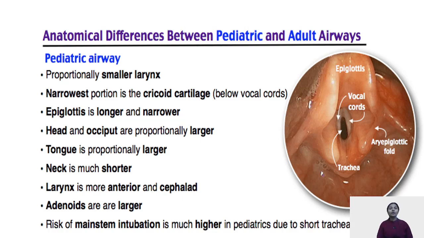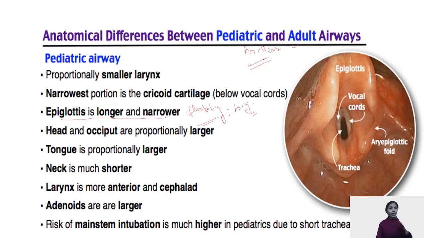In adults we use the McIntosh laryngoscope blade, whereas in pediatric cases we use the straight blade, that is the Miller blade, because the epiglottis in pediatrics is long, narrow, and more floppy, and even big in comparison to the adult epiglottis, and thus lifting of this is difficult, for which we use a Miller blade.